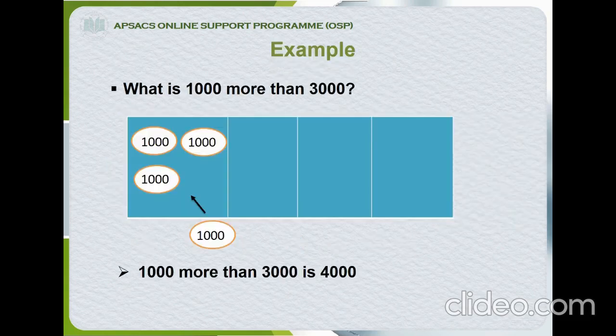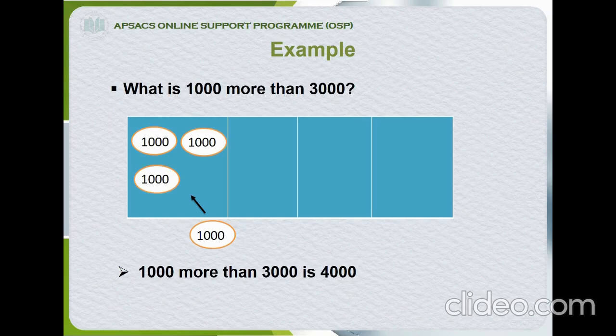Now let's take an example. What is 1000 more than 3000? Now we are going to add. More means we are going to add 1000 to 3000 with the help of the discs. Here is the column on the screen.